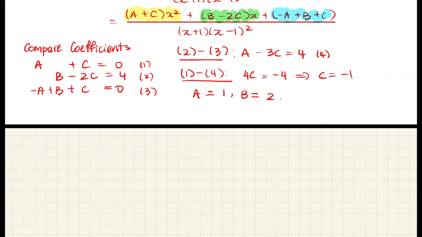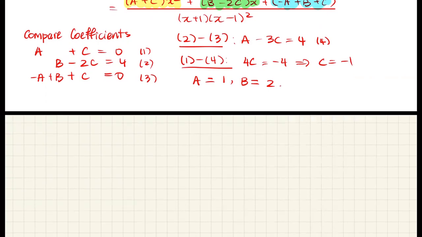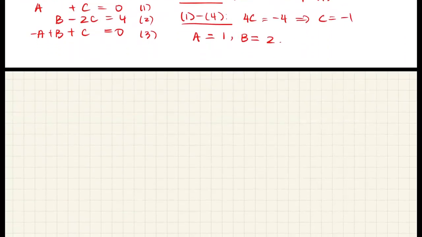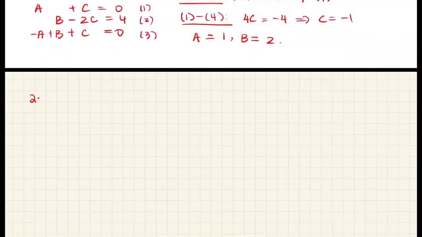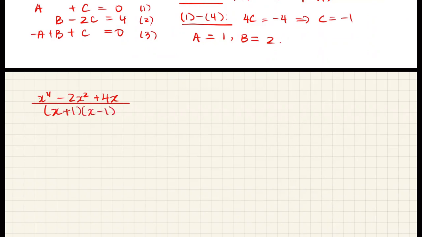Okay, so now what we can do is put everything back together. So remember that we have x to the fourth minus 2x squared plus 4x plus 1, and all this is divided by x plus 1, x minus 1 squared.